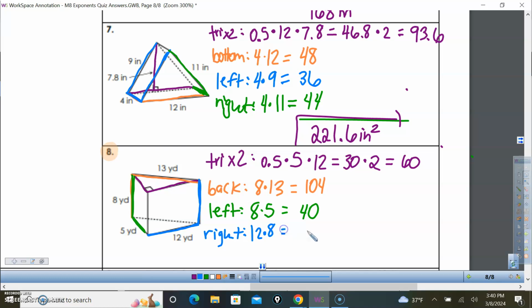So I'm going to multiply 12 by 8 to give me 96. So for your total area, make sure you add all of those together, including that 60 up at the top. And I am getting 300 square yards for my final answer for number 8.